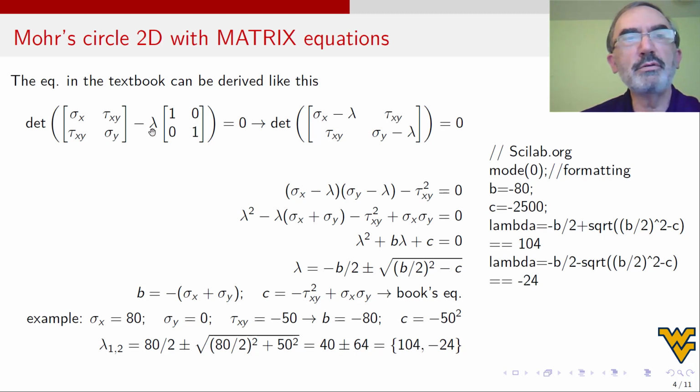And so now you subtract a constant, lambda, multiplied by this particular matrix that has a 1, 1, 0, 0. This is called the identity matrix. So you subtract, and then you take the determinant, all right? And this will give you the values of lambda, because this, this, this, this, you know. 1 and 1, of course, you know.